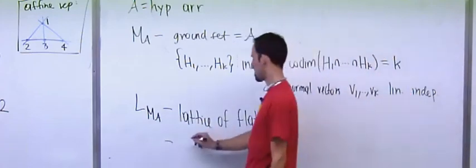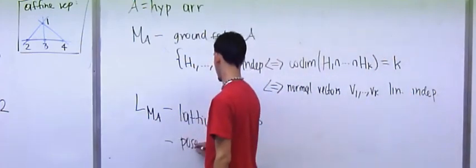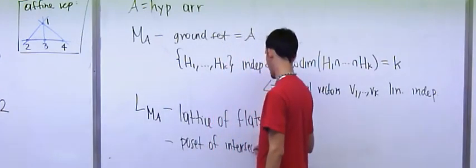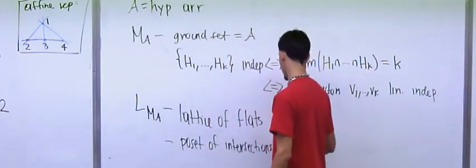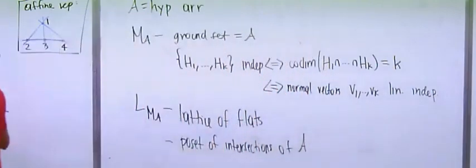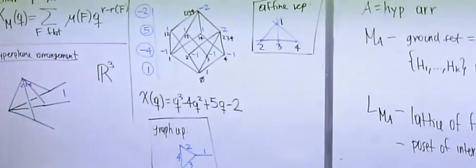So we just said that this is the poset of intersections of A. In other words, if I give you the hyperplane arrangement and you want to find the lattice of flats, then all you have to do is look at this picture and look for how things intersect.